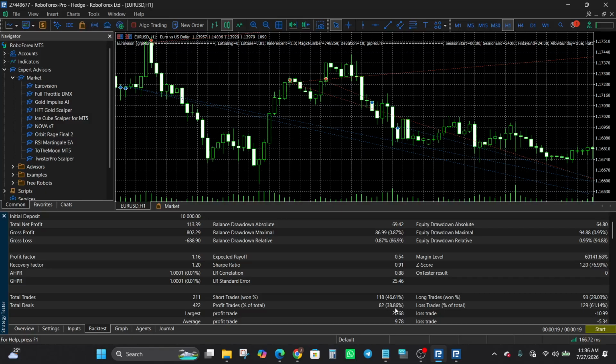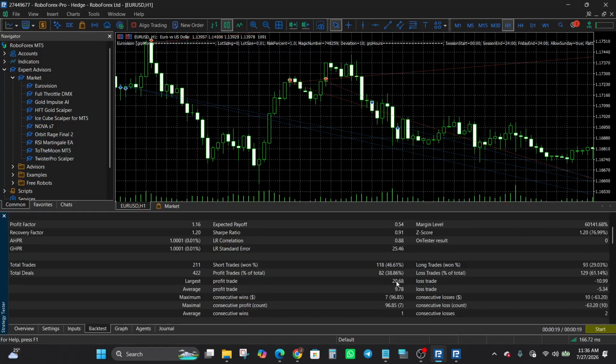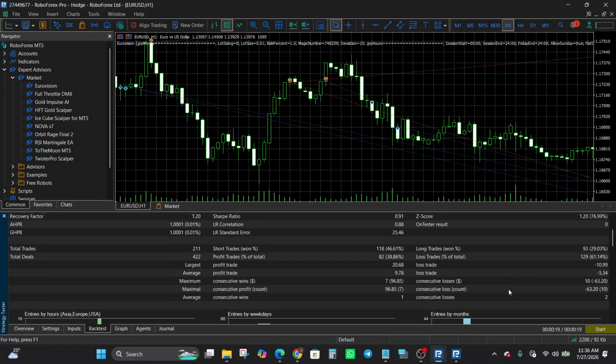It's a win rate below half, but the largest single winning trade at $20.68 was roughly double the largest single losing trade at approximately $11, which is part of why the account still finished ahead despite winning less often than it lost.